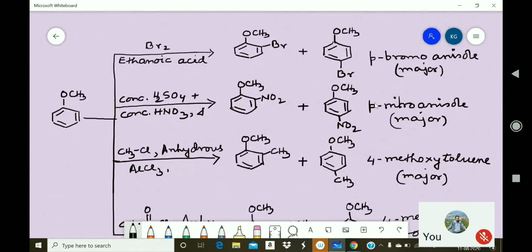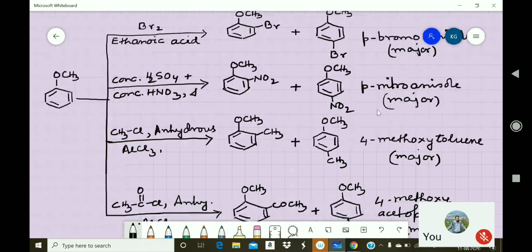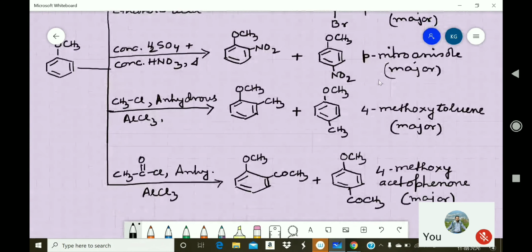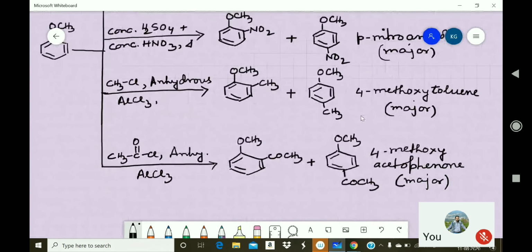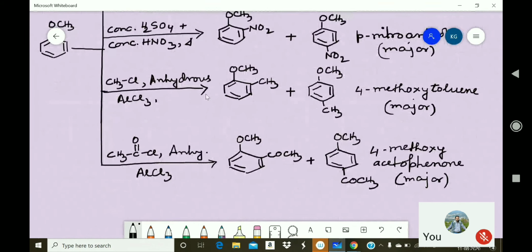Likewise, nitration of anisole gives rise to ortho nitro and para nitro anisole. Among these, the para nitro product is more stable due to less steric hindrance. And then next, Friedel-Crafts alkylation and acylation also give the ortho and para substituted products, and here 4-methoxytoluene becomes the major product.